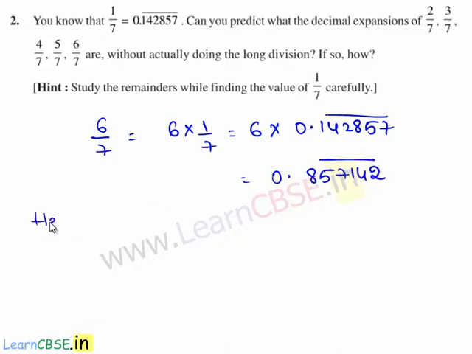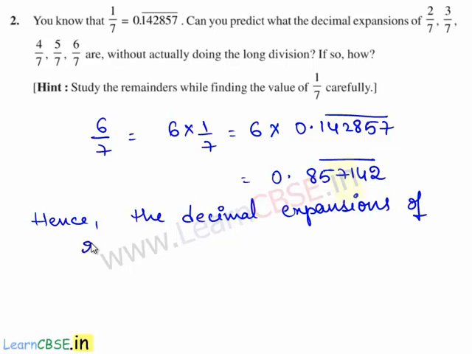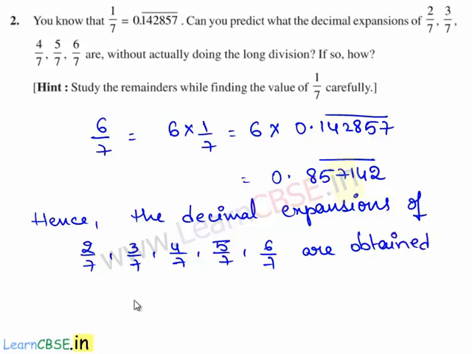Hence, the decimal expansions of 2 by 7, 3 by 7, 4 by 7, 5 by 7 and 6 by 7 are obtained without doing the actual long division.